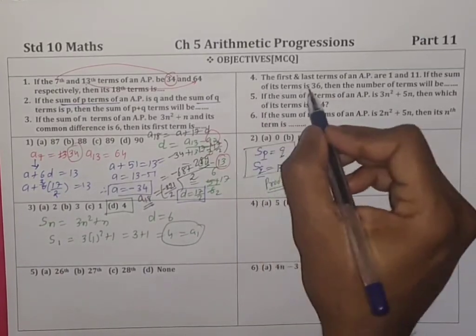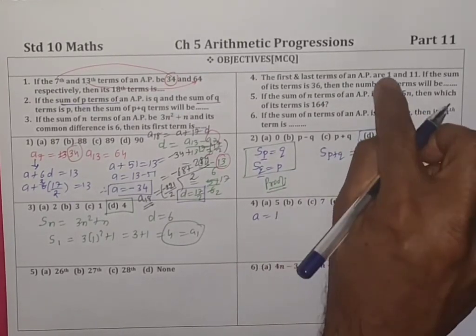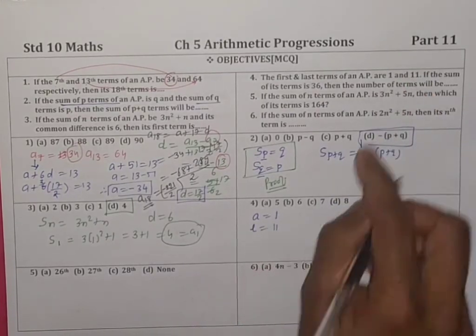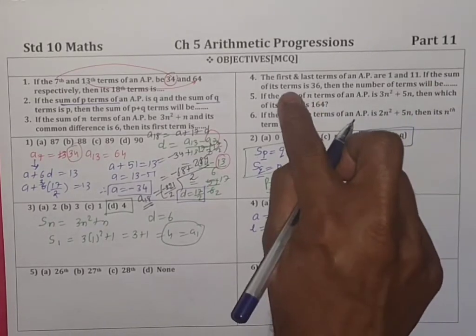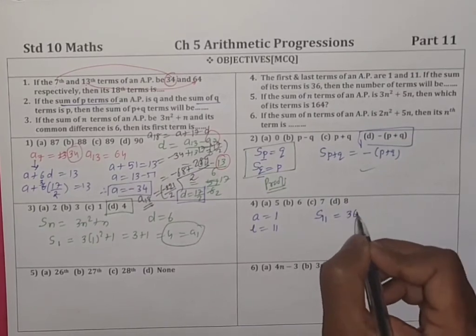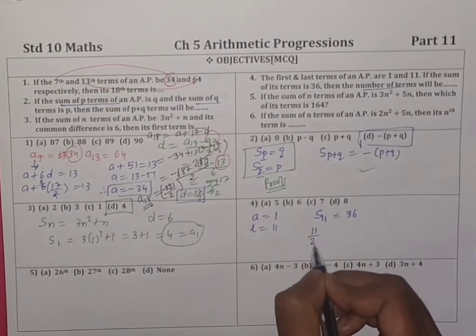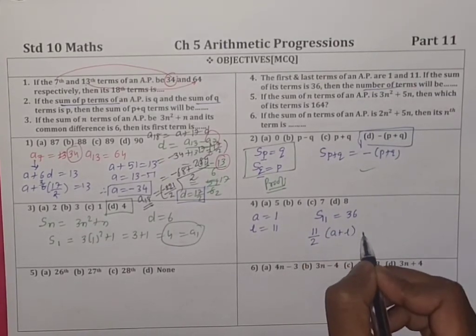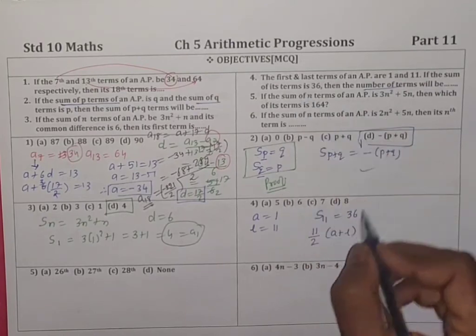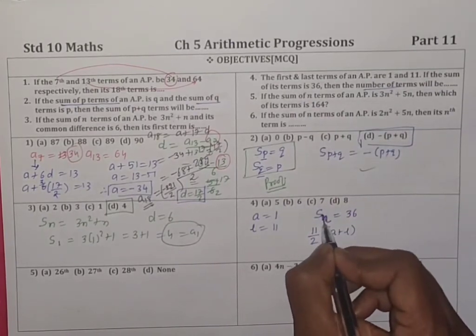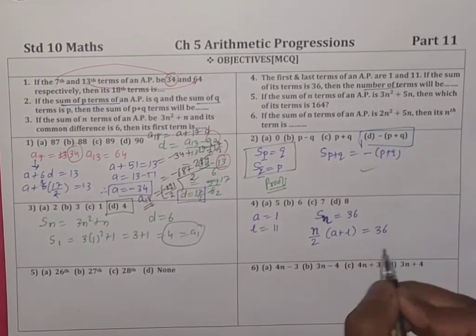Okay. Now number 4. The first and last term of an AP are 1 and 11. First term is 1, and last term is 11. If the sum of its terms is 36, then what will be the number of terms? It will be easy. The formula is n/2 into a plus l. Sorry, it is not 11 terms, the last term is 11, but the sum of its terms, we don't know how many terms, the sum of n terms is 36. So n/2 into a plus l is equal to 36.